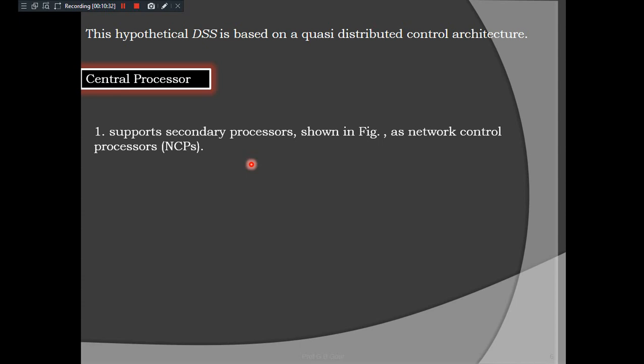In order to avoid that, if one of the NCPs is hampered, another NCP will take care of its function. That's why normally they are connected in a master and slave fashion. If one of the slaves is hampered, the master will come into picture to take its responsibility. If the master is hampered, then the CP will come into picture. This is where the CP is making it a primary processor and the NCPs secondary processors. That's why NCPs are called secondary processors. Okay. So I hope these three reasons are sufficient to call NCPs secondary processors.